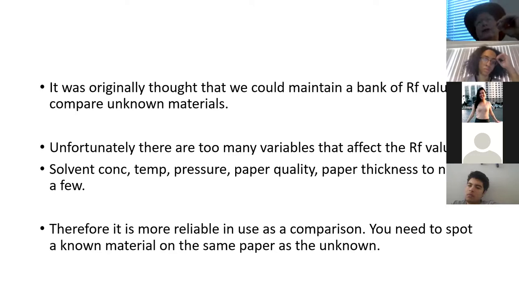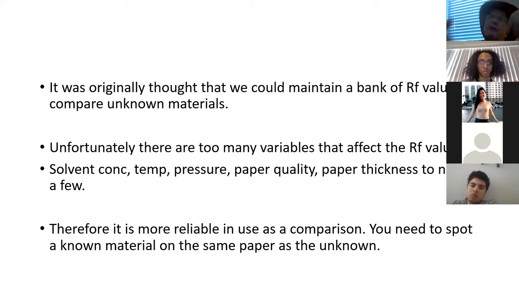The trouble is there are too many variables. Temperature. If you increase the temperature, don't you increase the solubility? If you increase the solubility, don't you think it moves up the plate more? Hmm. Pressure. The pressure has something to do with how far it moves up.